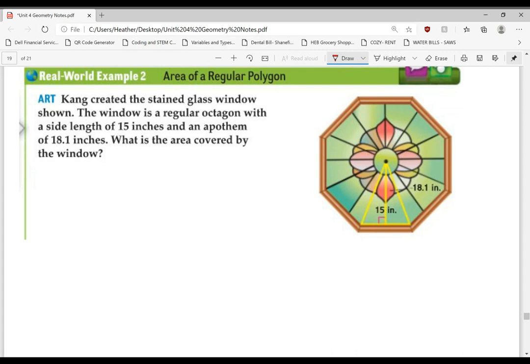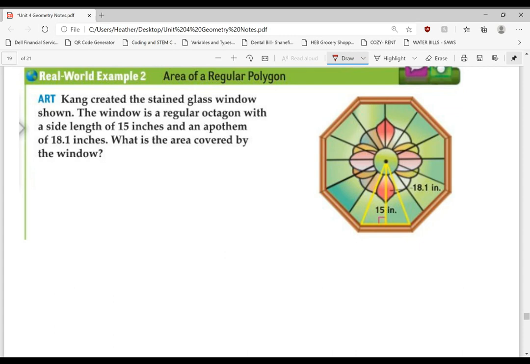First, we're going to divide the polygon into congruent isosceles triangles. This is what you see outlined in yellow. Since the polygon has 8 sides, it can be divided into 8 congruent isosceles triangles, each with a base of 15 and a height of 18.1.